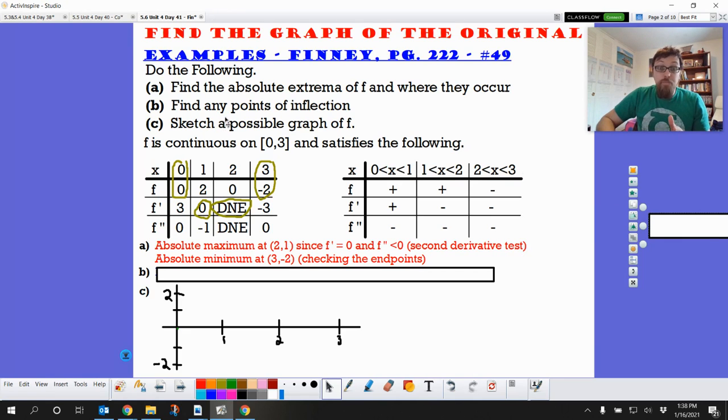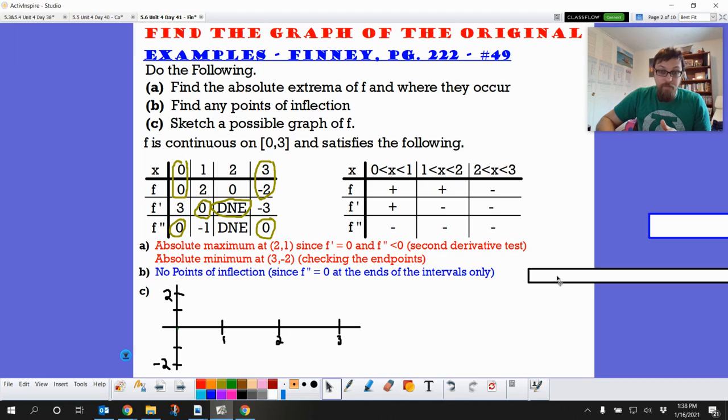Okay. Next, we want to find points of inflection. So the points of inflection are going to be where our second derivative equals 0 or is undefined. No, where it is 0. However, we only have zeros on the endpoints here, so we don't have any points of inflection.